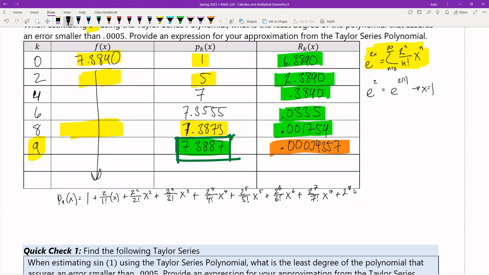Plus 2 to the 8th over 8 factorial, x to the 8th, plus 2 to the 9th over 9 factorial, x to the 9th. This right here is the Taylor series polynomial for k equal 9. All right?